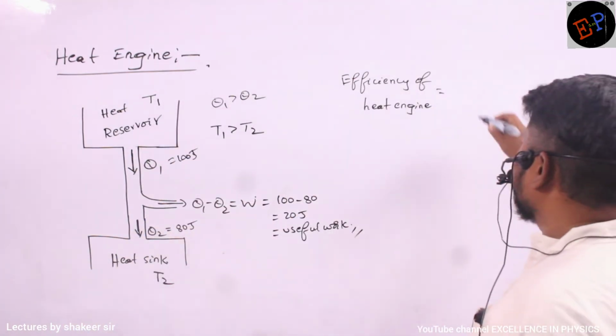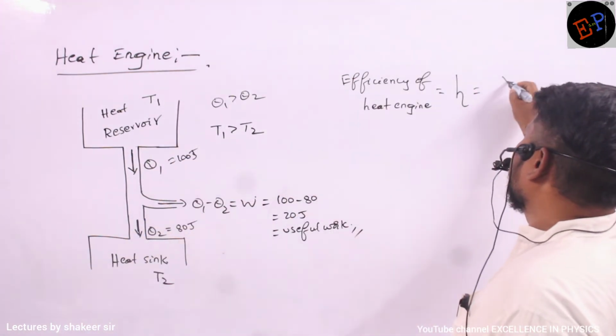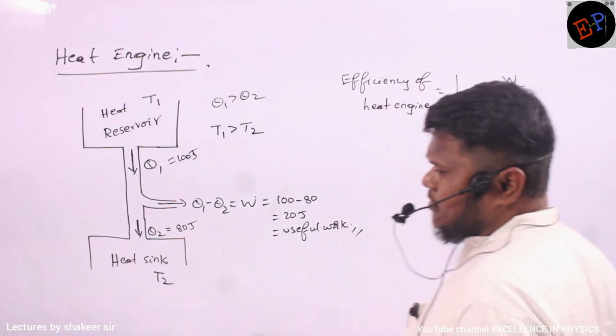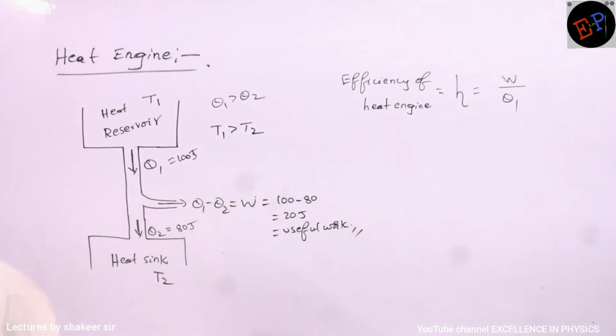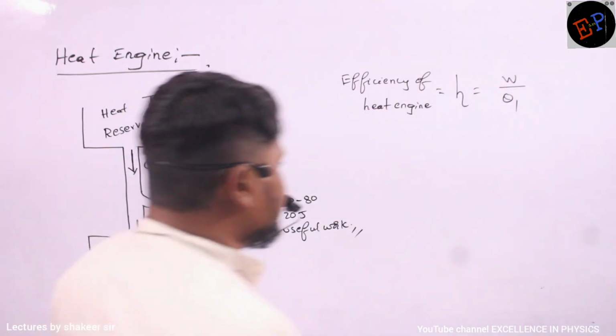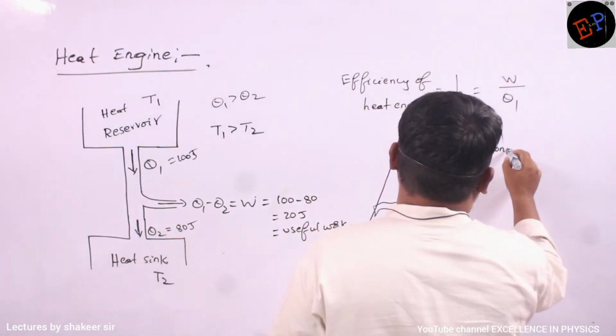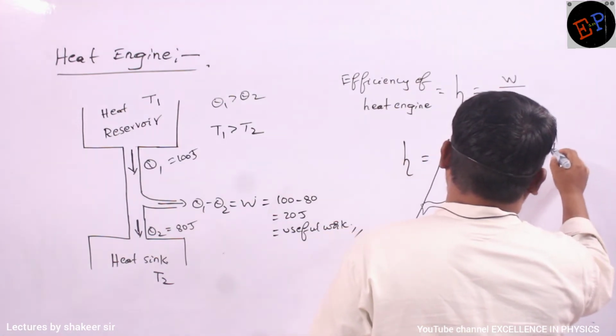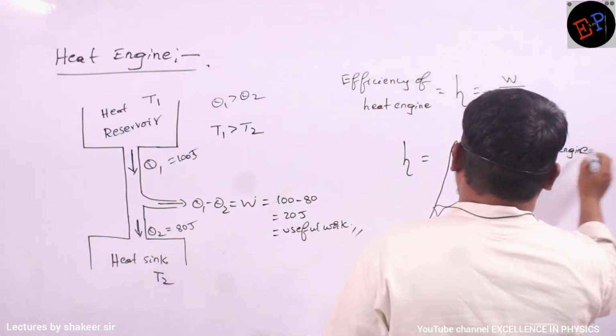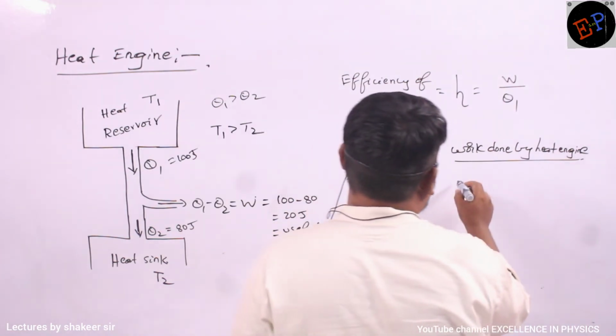How can I write efficiency? Efficiency eta can be written as work done per heat given by the reservoir: W divided by Q1. So what is meant by W? W is nothing but work done by the heat engine. Work done by heat engine divided by Q1. What is Q1?